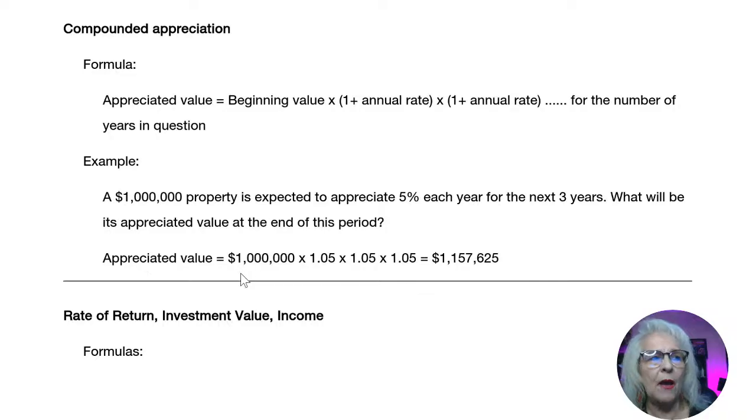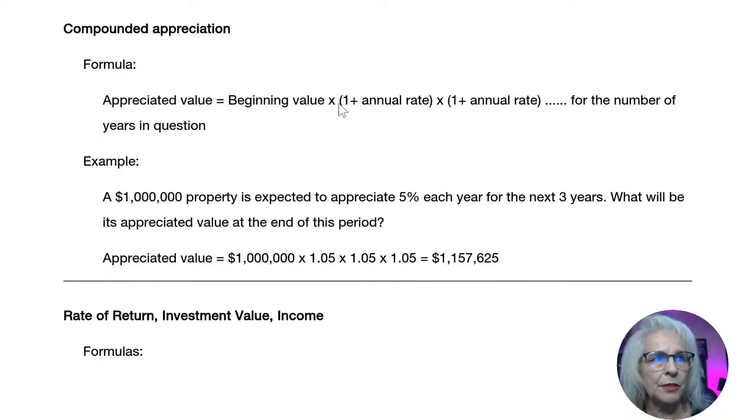So we have 1 million, the original value, times 1 plus 0.05. So 1 plus the 5% increase, that's 1.05, times 1.05 again, times 1.05. And why do they do it 3 times? Because it says 3 years.